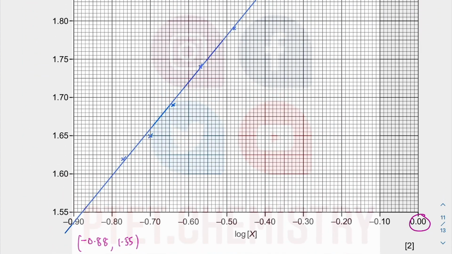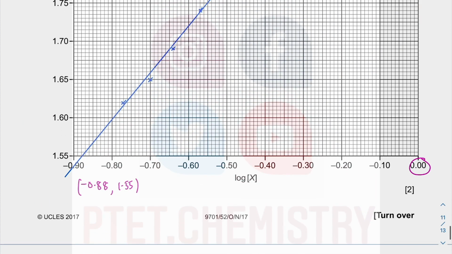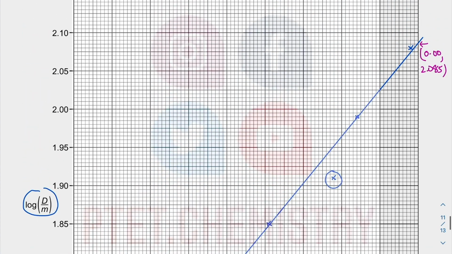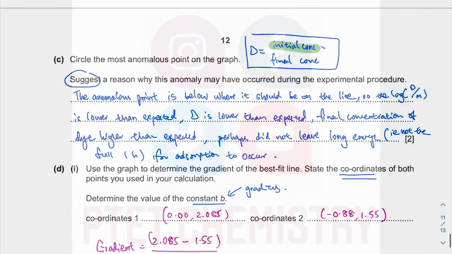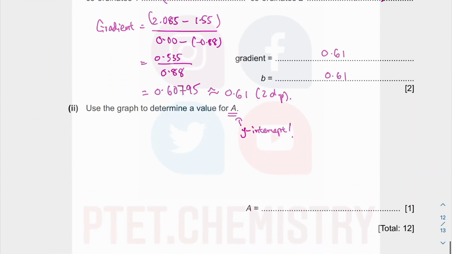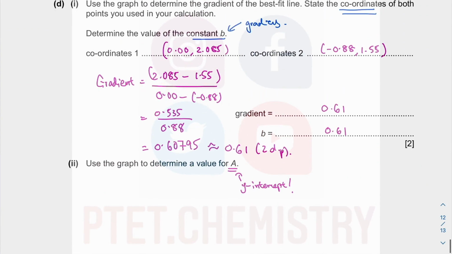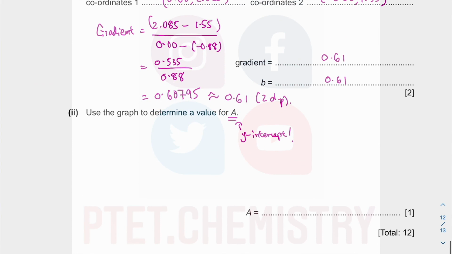In fact, I have used it for my gradient calculation, so I could have just put down 2.085 as my y-intercept, because that is where x equal to 0. That was stupid of me. That was my y-intercept already, because I used it as one of my coordinates. So that is just 0.00, 2.085.